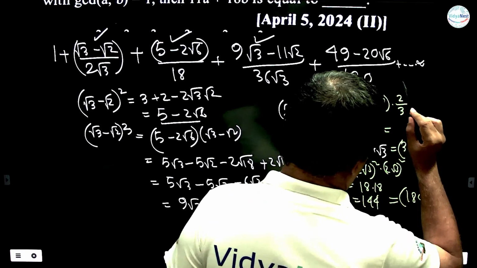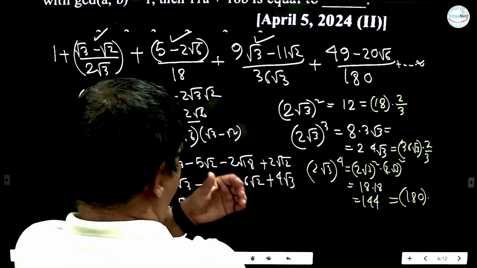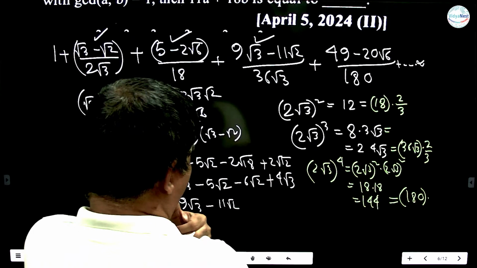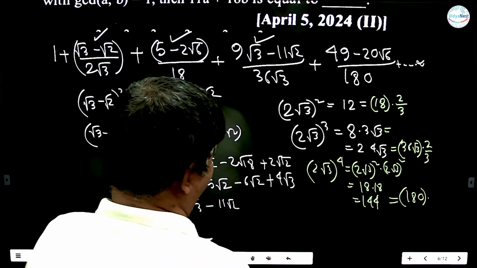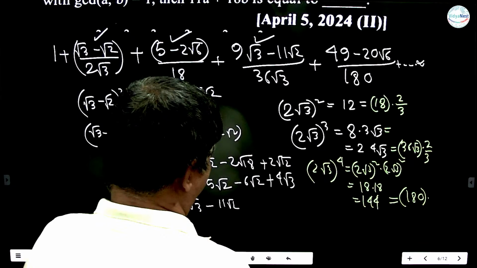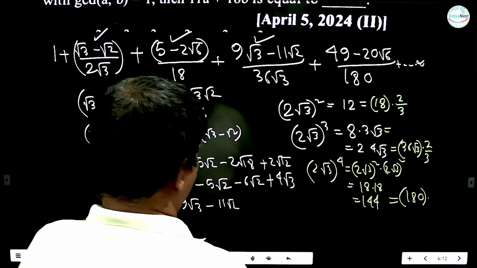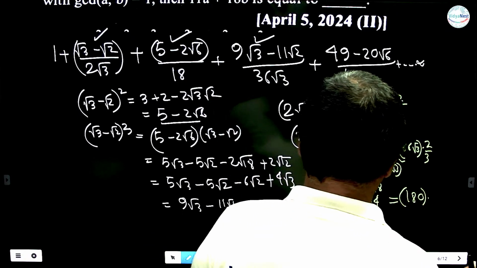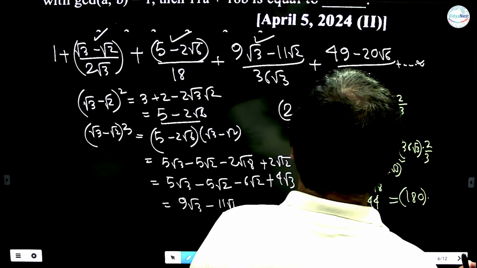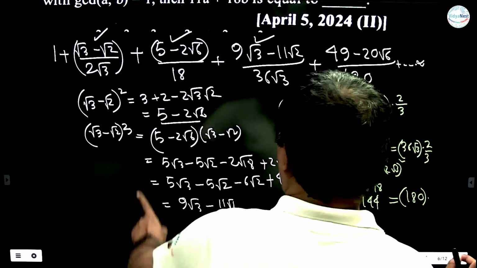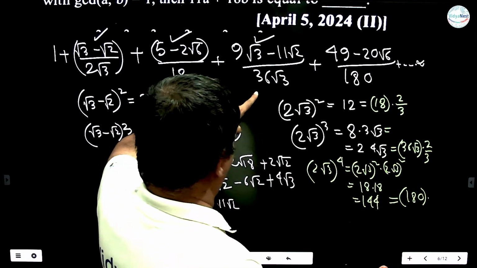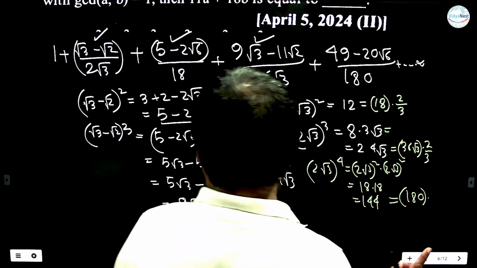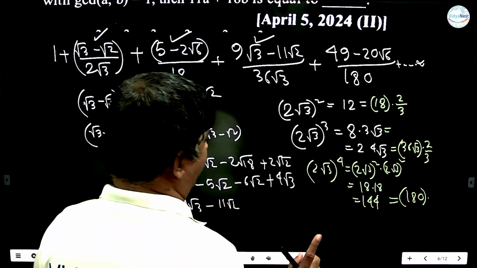Now here we are not getting 2/3. So again we are trapped in the same problem. 18 into 18. Hey, sorry, mistake. 2 root 3 whole to the power 4. 2 root 3 whole square, how much? 12. 144.